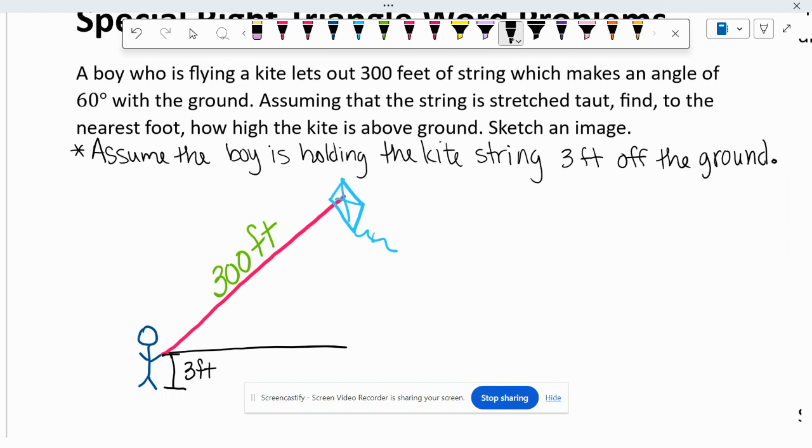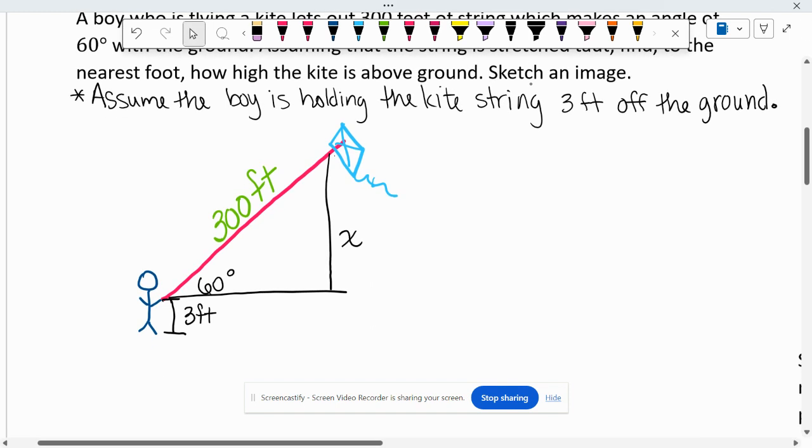Okay. What is the angle that the kite string makes with the ground? 60 degrees. And I'm trying to figure out this. But remember, once I find that, I have to add that 3 feet back to it.